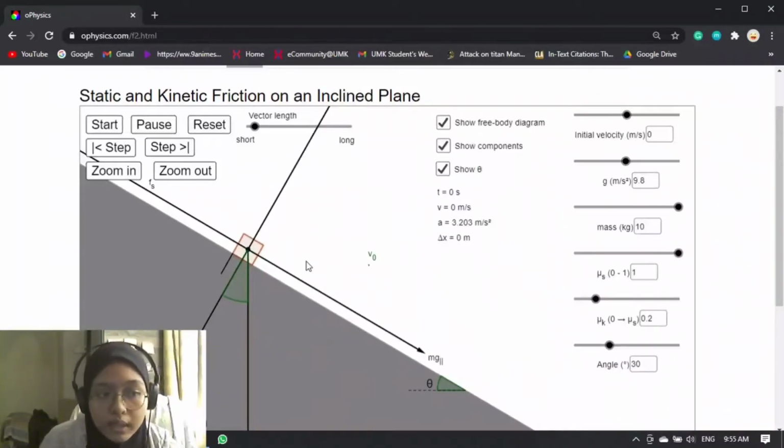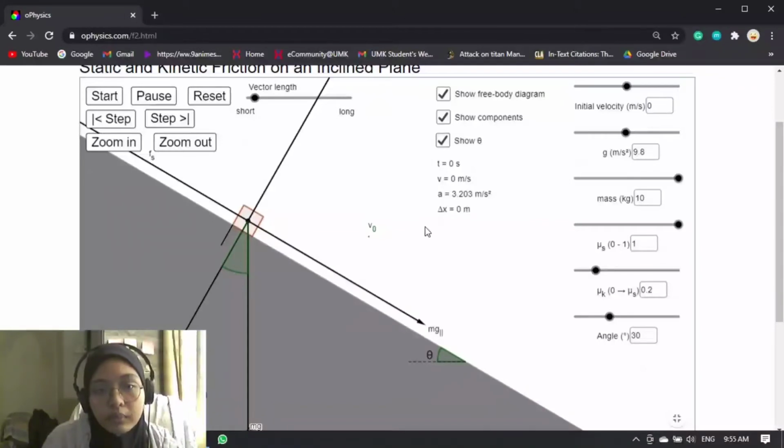So let's start our experiment by using a 30-degree angle and a coefficient of static friction of one. So let's see, the block still doesn't move, so how about we use 0.2.